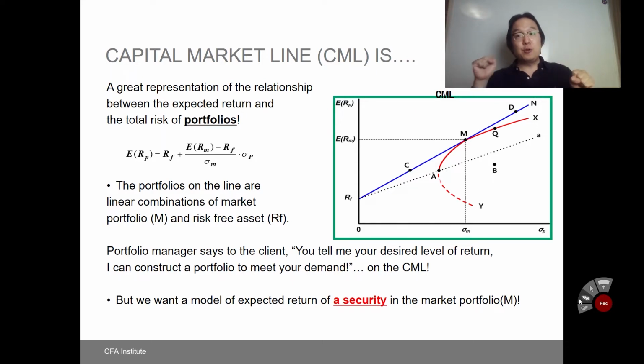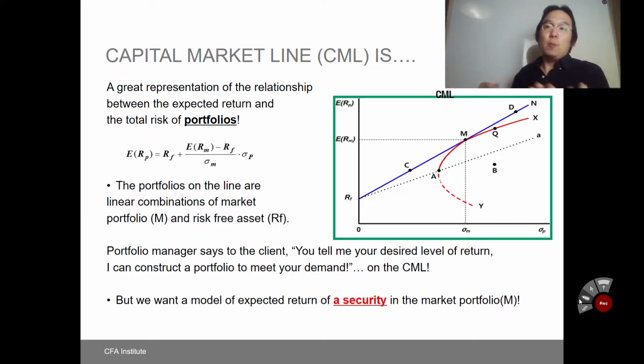Your portfolio has to be constructed based on these two, the risk-free asset and the risky asset represented by the market portfolio. Then you can form a straight line, and you can form a portfolio on this straight line that is called the capital market line.